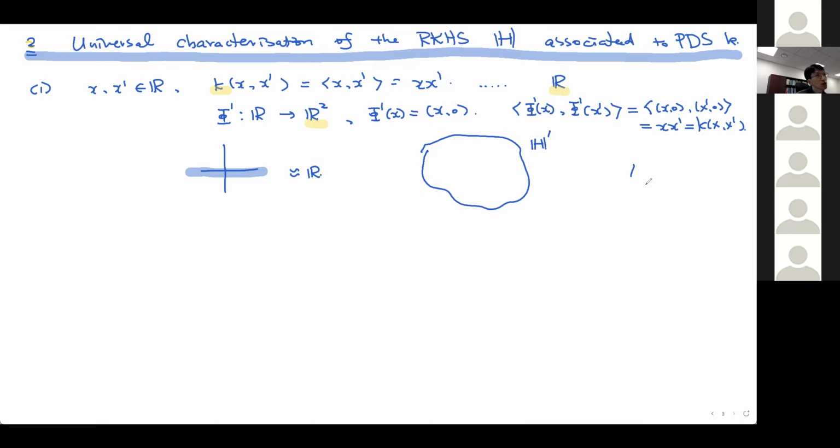There's an original space X, and there is a feature map, and you are expressing inner products using this Hilbert space H prime, just like an R square here. But what the theorem tells us is that for any such representation, there always exists some subspace or subset, and the subset is essentially the same as the RKHS that we are building.